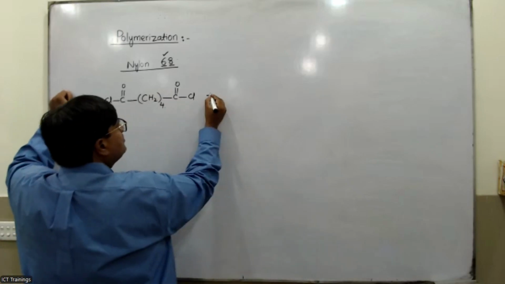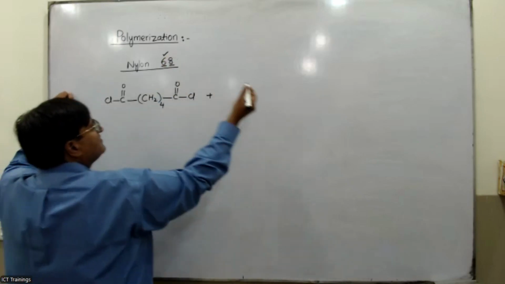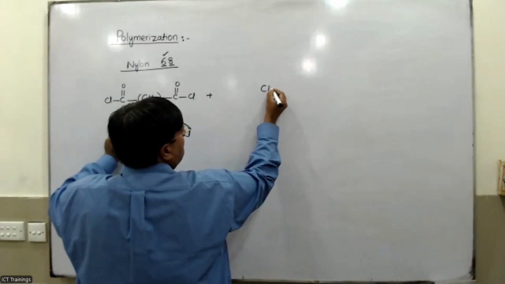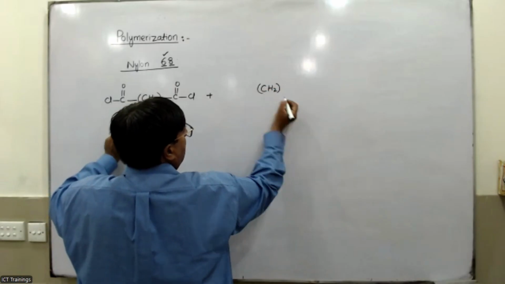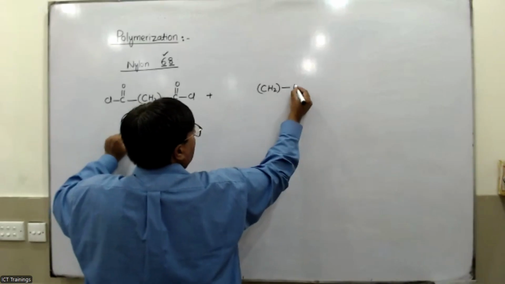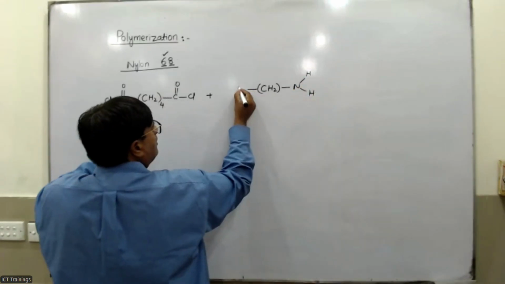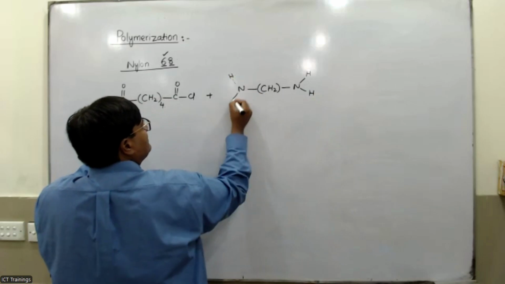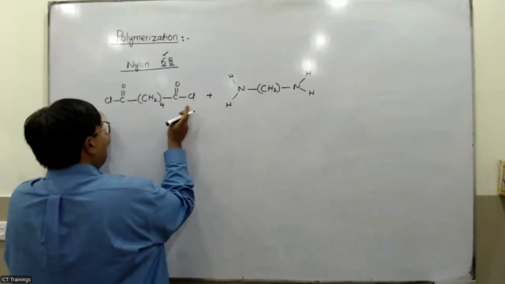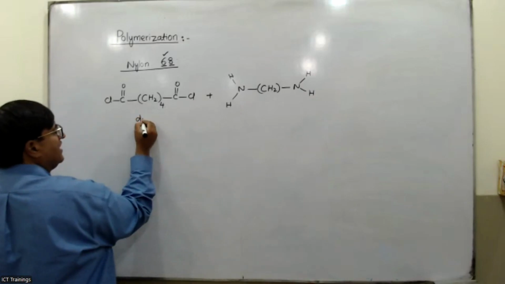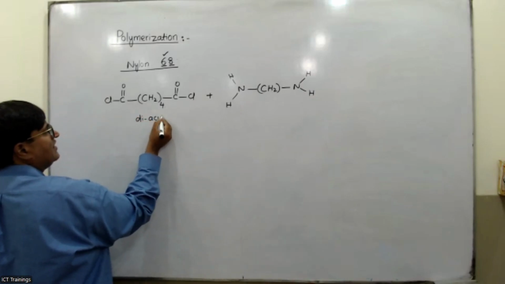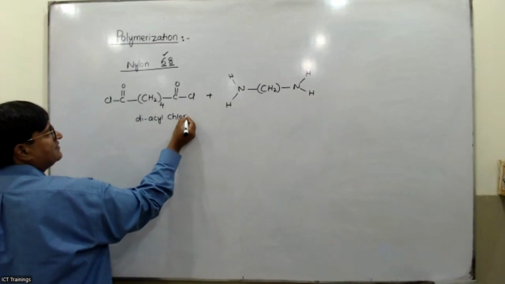Now you should take the 8 carbons in the second monomer. So CH2, and write NH2 on both sides like that, because for the nylon you need a diacyl chloride. So this is the diacyl chloride.